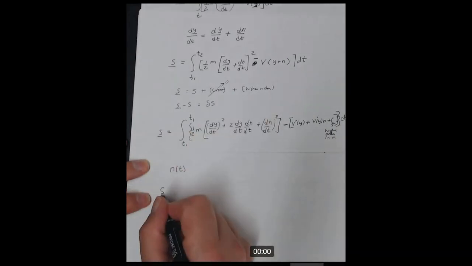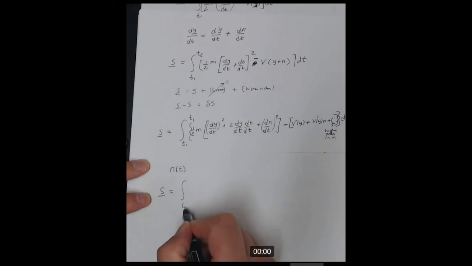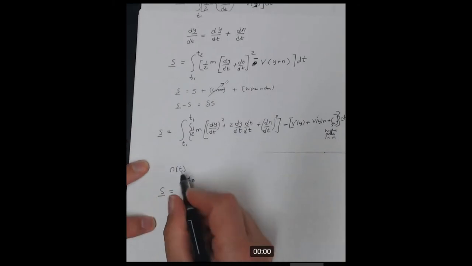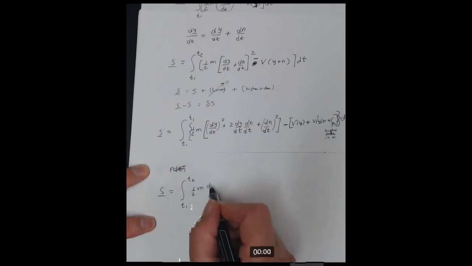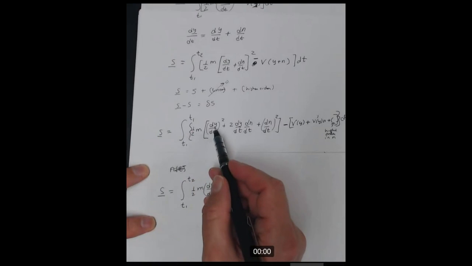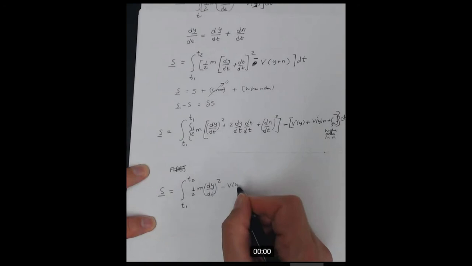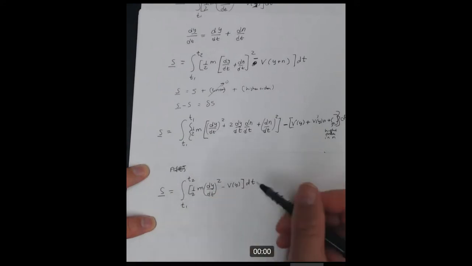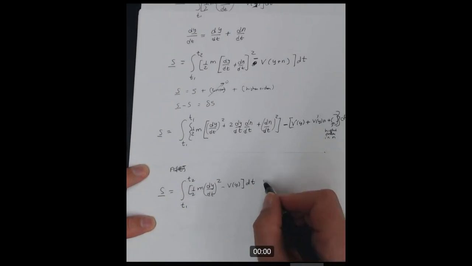So if you look, the action is this. I have the integral from T1 to T2 of 1/2 m (dy/dt) squared. So that's the kinetic energy, and that y is the actual path. And if I put minus V of y here, and I do this integral, that's the actual action for the true path. And then what do I have left?